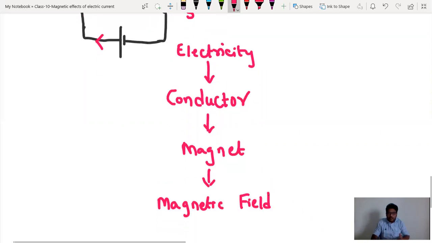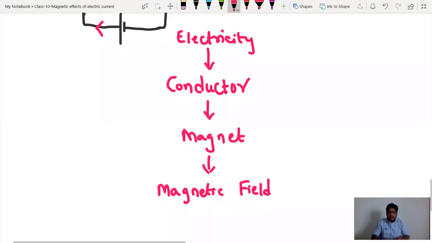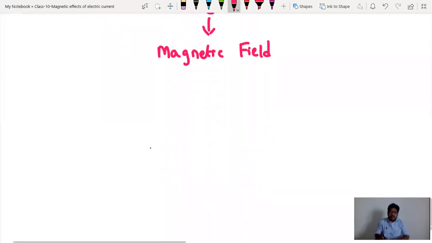You may get a doubt how that conductor will behave like a magnet. We have a very simple small experiment in 6th class. Take one big iron nail, take copper wire and arrange the copper wire like this.